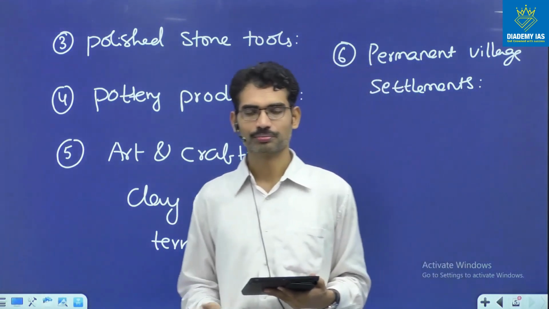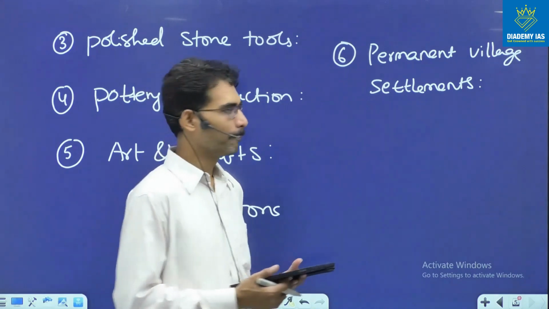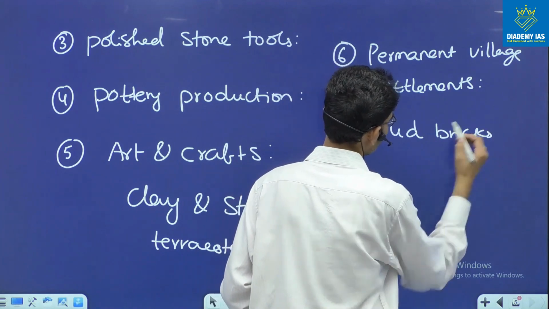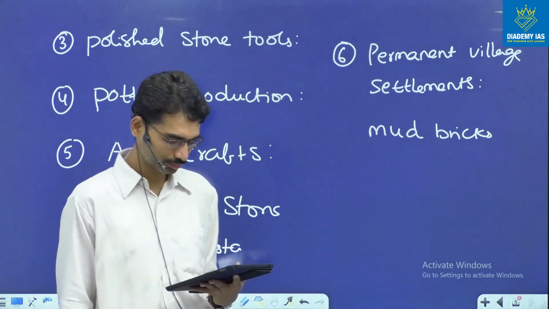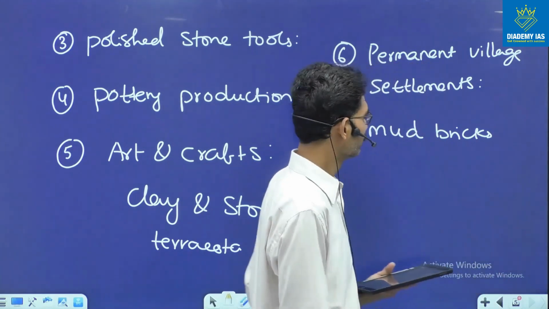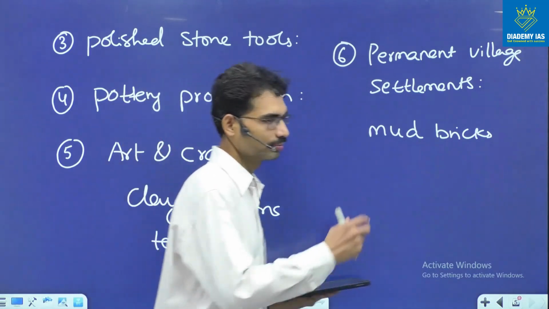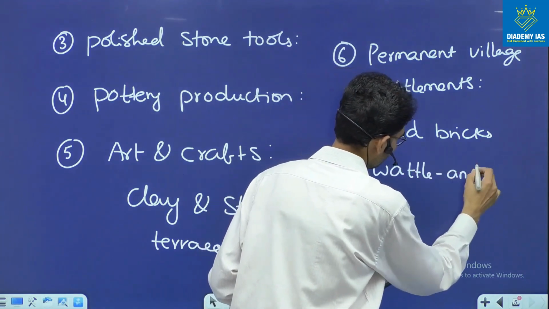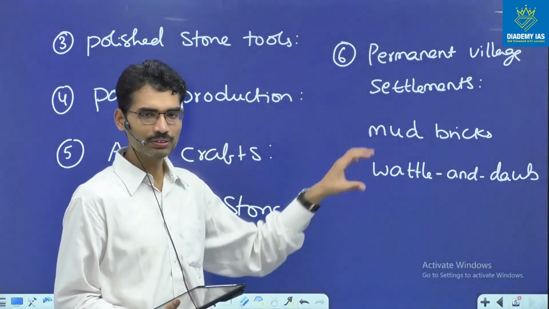They used mud bricks for house construction, and wattle and daub, by using the palm leaves.